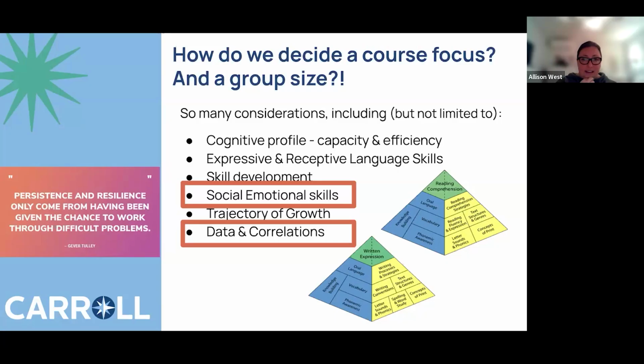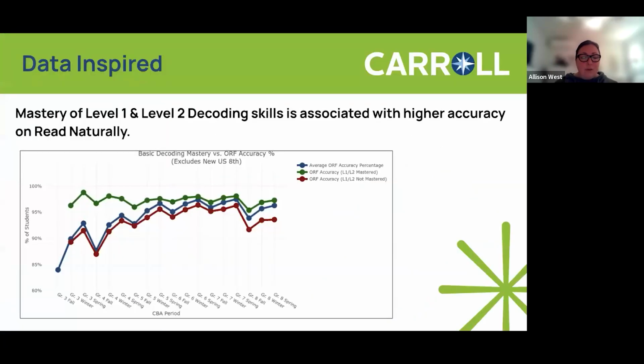First up, on the next slide, I want to just name, we are so lucky to have a data analyst on staff who can help when we have questions to understand and untangle. And ours, Louisa, she helped me understand this, that in fact, mastery of level 1 and 2 skills are associated with higher accuracy scores on Read Naturally assessment, which is one of the standardized ways that we are tracking student reading.